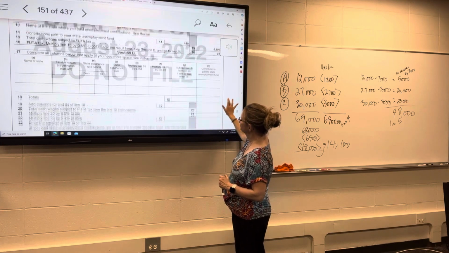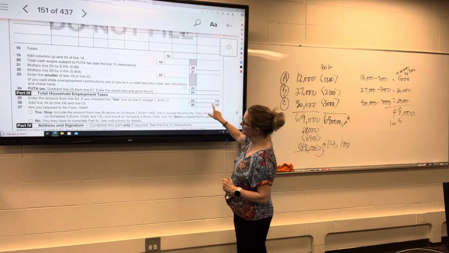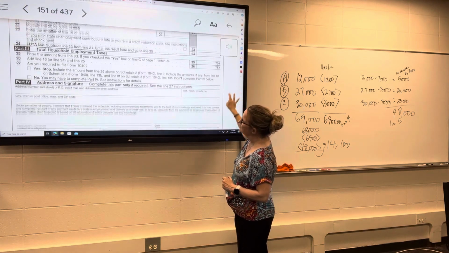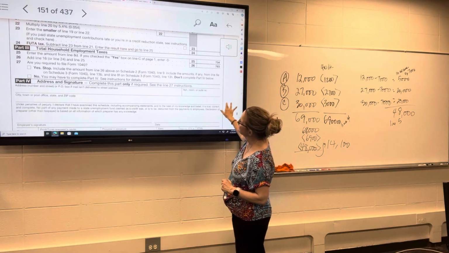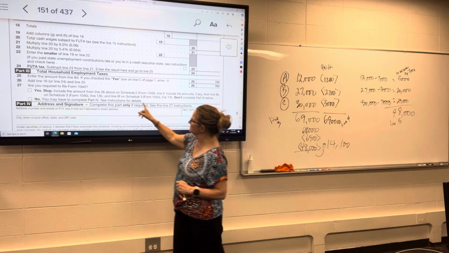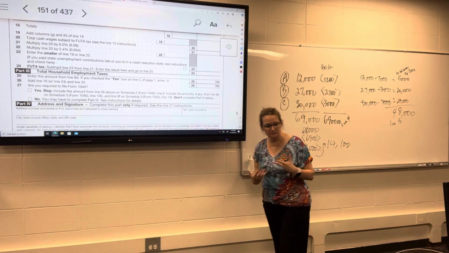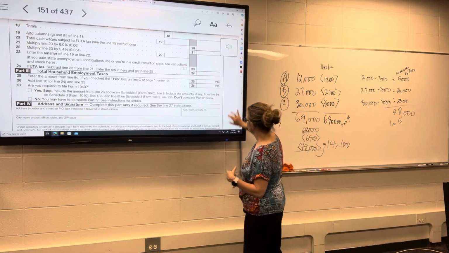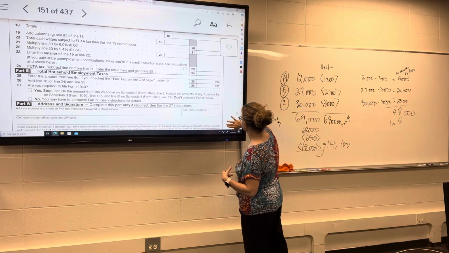And where does this 734 go? I think it's Schedule 3, the schedule for other taxes, and then it gets added to the additional taxes.